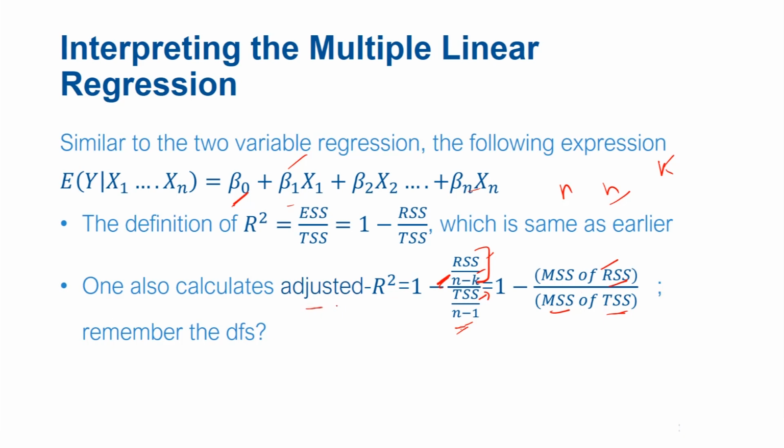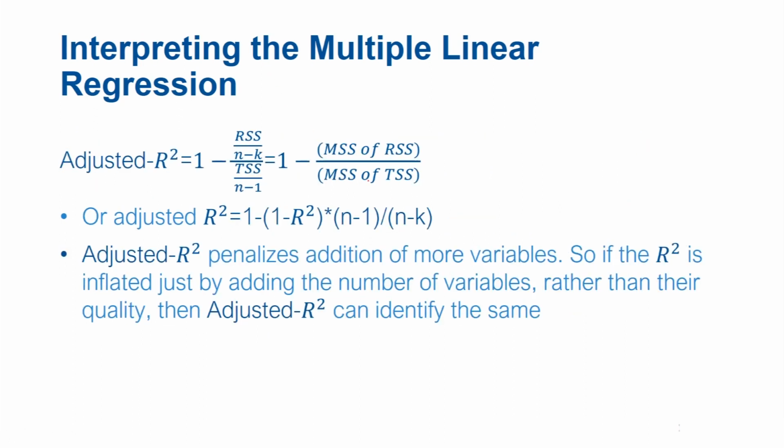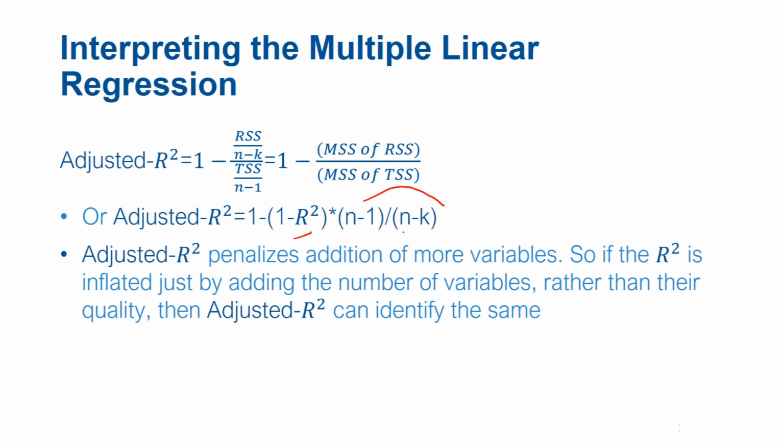Please notice this adjusted R square is a very interesting entity. If we rearrange the expression for R square and adjusted R square, we get something like this. Please notice that in this expression, we are putting a certain additional penalty in the form of n minus 1 upon n minus k.